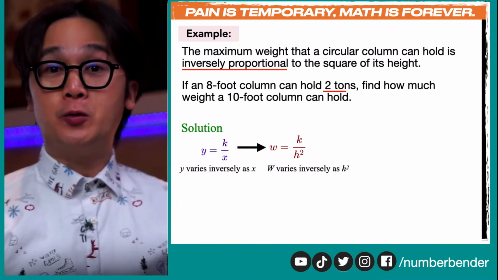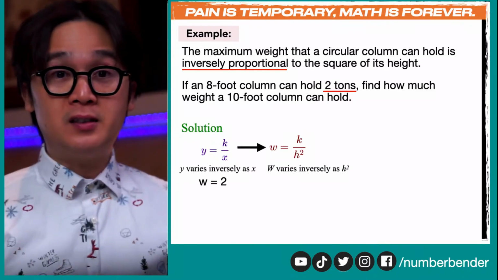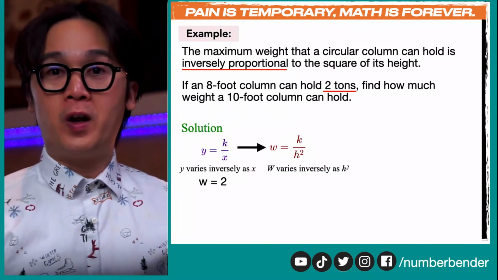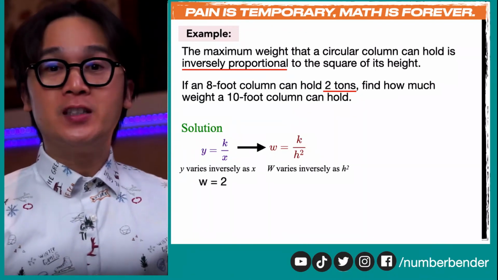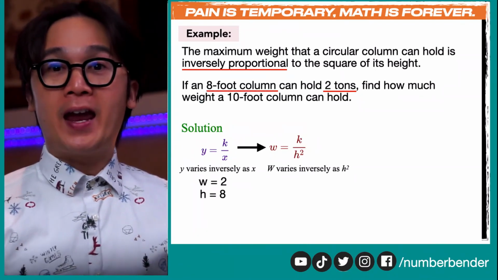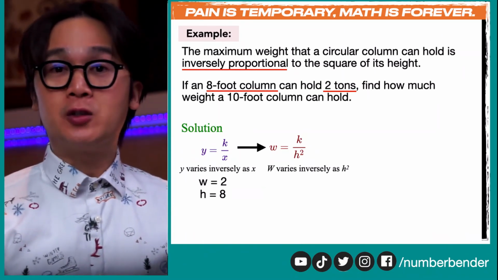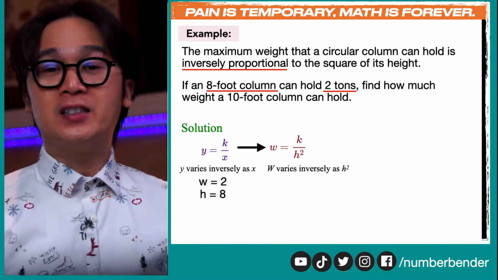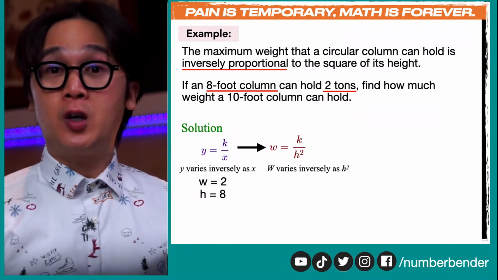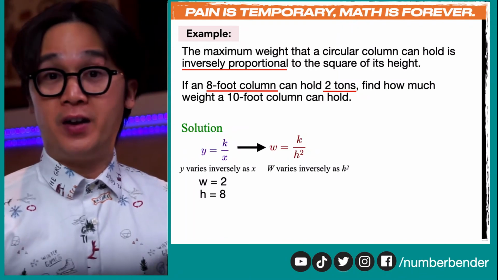So we're going to be using the value of 2 tons, and we know that tons is associated with weight. So that means our W is going to be equal to 2. And we also have an 8-foot column, and we know that feet is associated with height. So that is going to be the variable that we're going to associate our value with so that we can find our constant of variation.